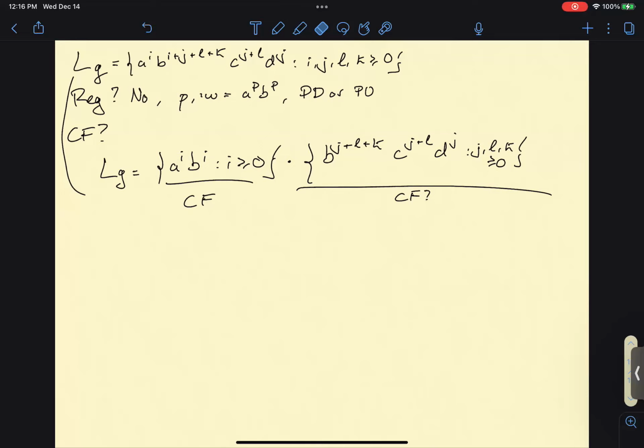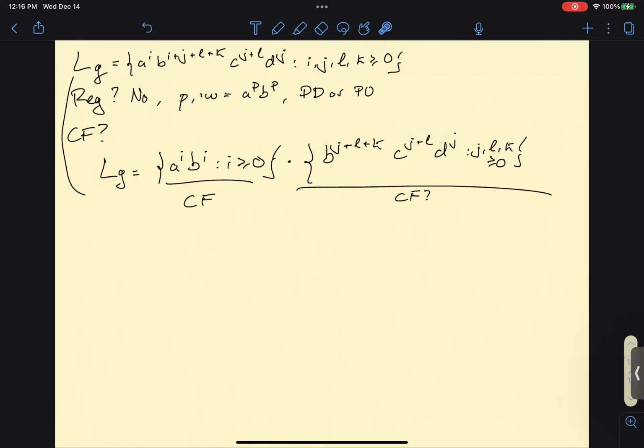Why do we think it might not be context free yet? Right, so if we try to use a stack, yeah. Very good. The reason why it's probably not context free is because you have too many things for your stack to handle. The first thing you need to do is check that the number of B's is greater or equal to the number of C's, and the number of C's is greater or equal to the number of D's.